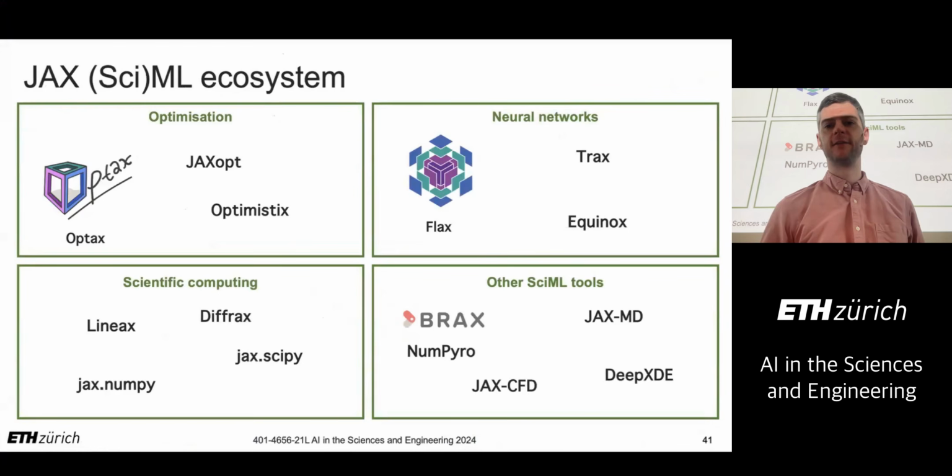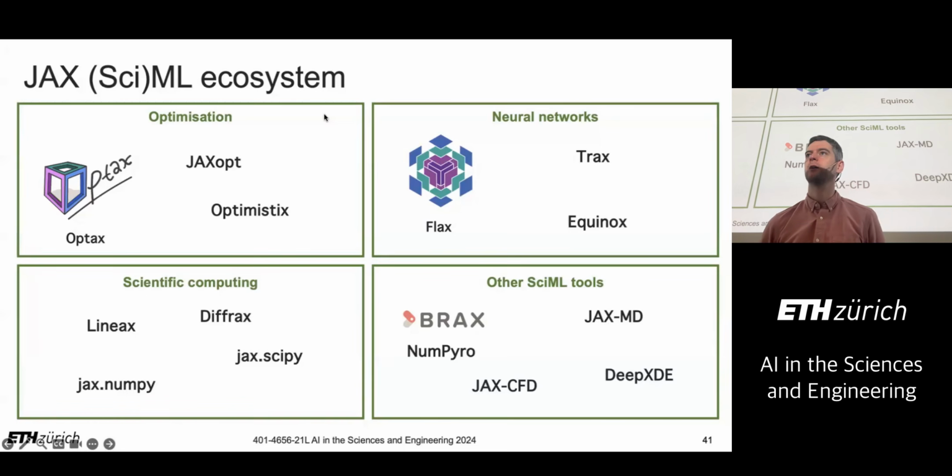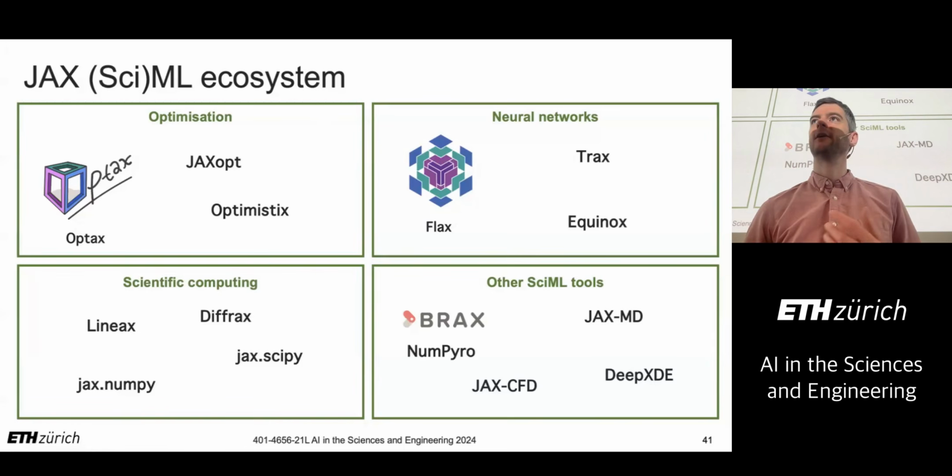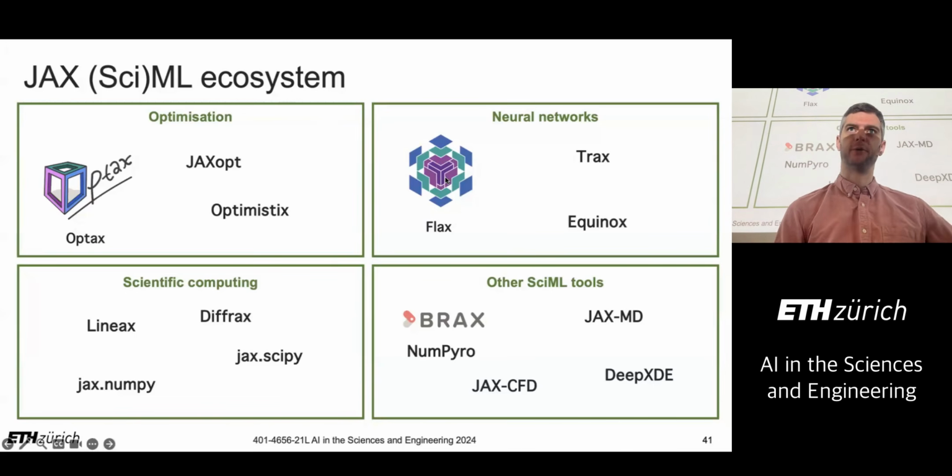These things can help us do big machine learning tasks, but there is also a lot of effort using JAX for scientific machine learning tasks, doing exactly the types of techniques that we've been studying in this course, combining machine learning very tightly with the scientific computing algorithms that we already have. And these are just some of the libraries that have been built on top of JAX that help us do these SciML type tasks.